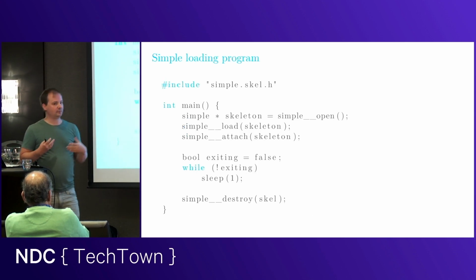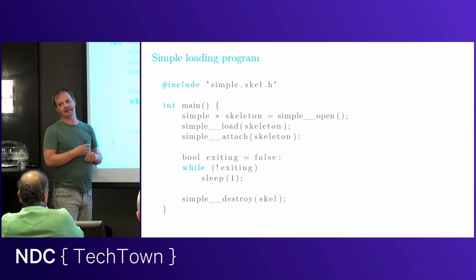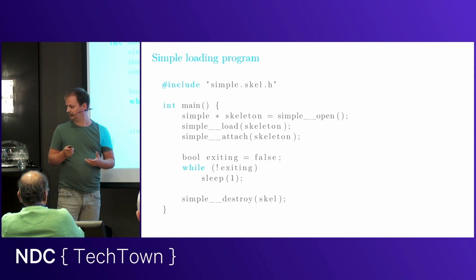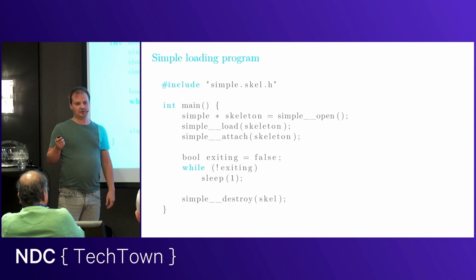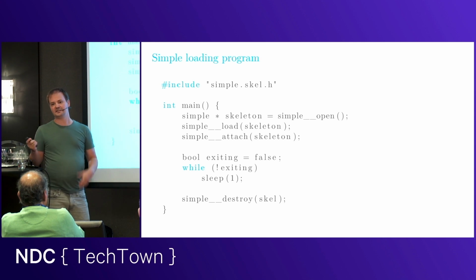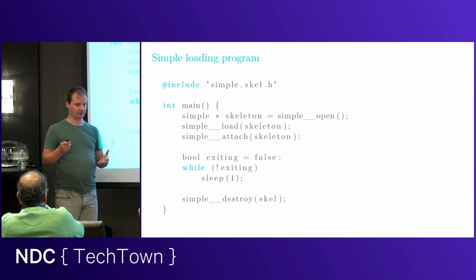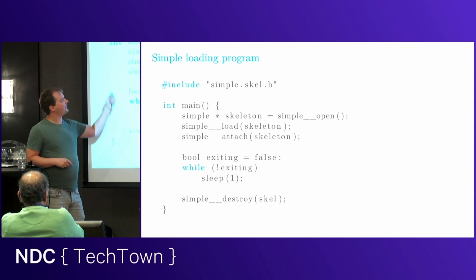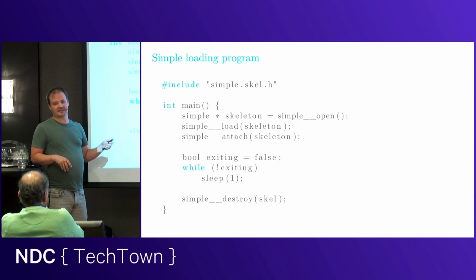But we need a program to load it in. You could use bpftool to load in this program, but doing it from your own program is nice, because then you can also control it using the communication channels that you create, which we have none of right now. I mentioned bpftool can make a skeleton, and this is this header file.